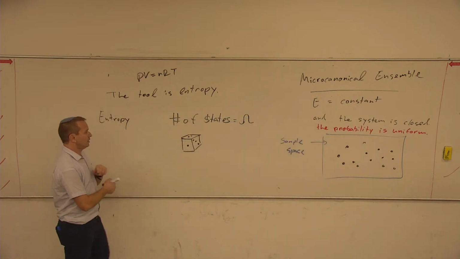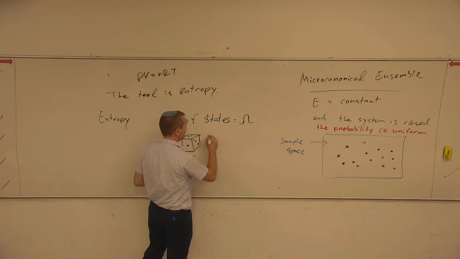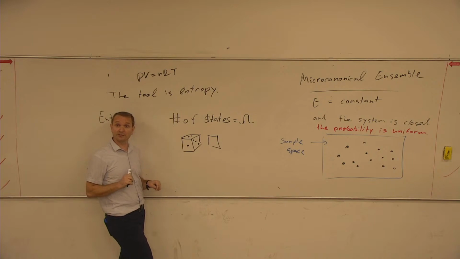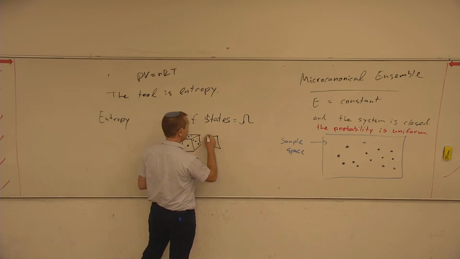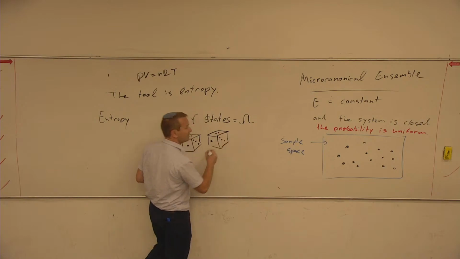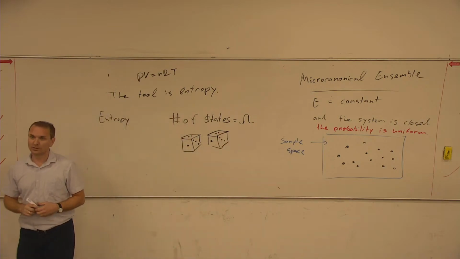Okay. If I have 2 dices. So this is a one-particle system, and it has 6 different states. If I have 2 dices, right? And I throw 2 dices at the same time, how many states do I have now? 36.